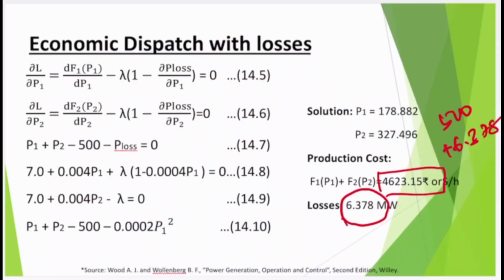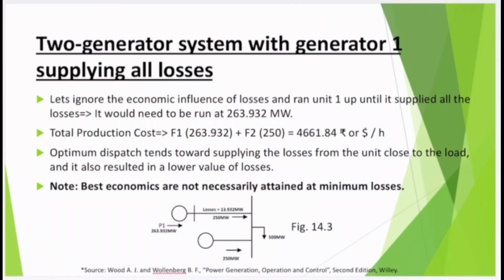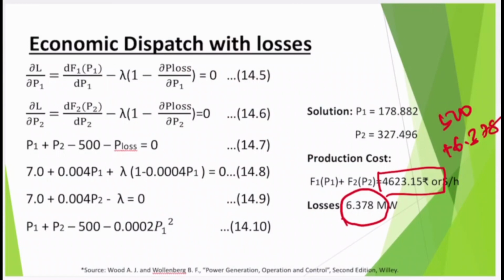But if I do not apply my optimization tool and I say, no, let me do it randomly, or one of the generators does have a limit. For example, say only 250 can be supplied by the second generator due to a constraint. In this example P2 is supposed to cater 327. That is the numerical optimal value. But practically my generator can only provide 250.